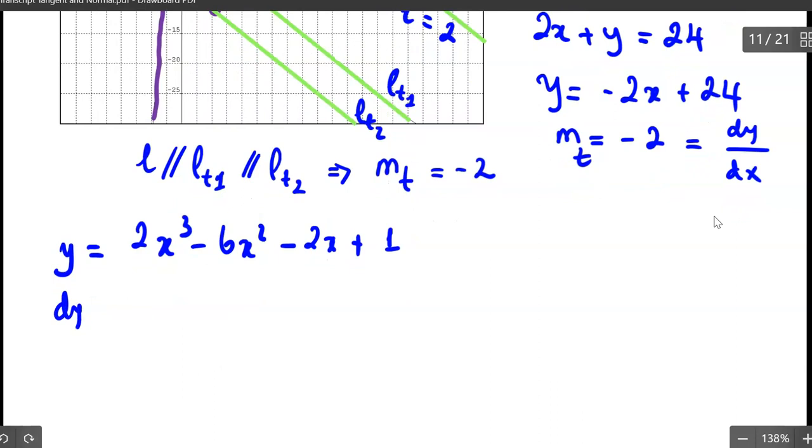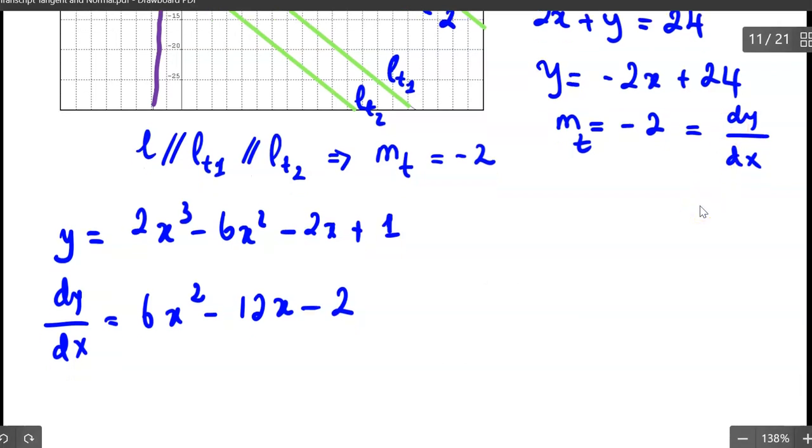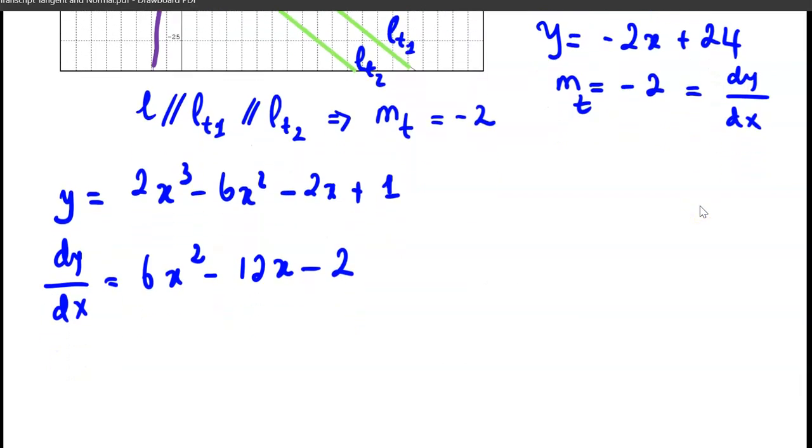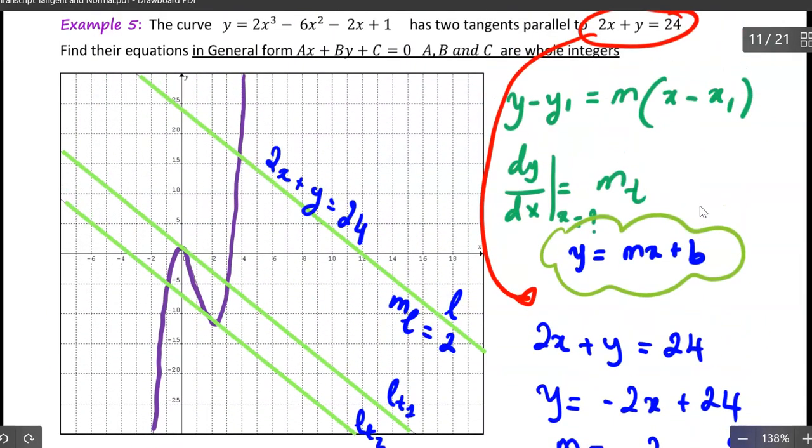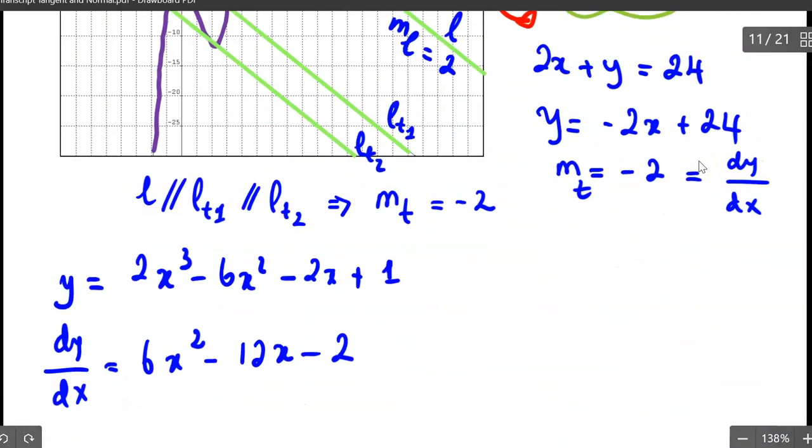So dy/dx gives me 6x^2 - 12x - 2 + 0, because the derivative of 1 is just equal to 0. At this point, I know that I need y1, m and x1 in order to substitute into this formula to figure out the equation for the straight line.